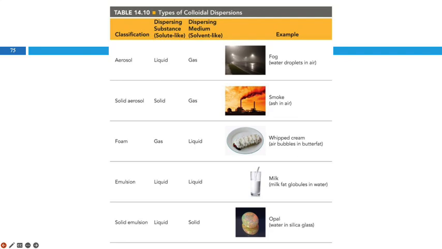Well, you take some of those out, you skim some of the fat off the milk, and now there's not as many, and so you can see through the milk more. Now, the fat globules are not the only thing, there are also milk proteins in there. And then opals are water suspended in silica glass.